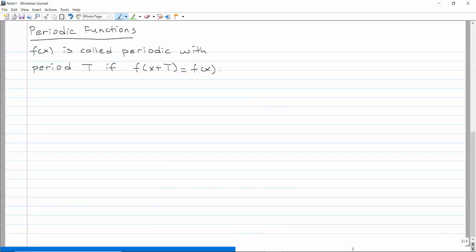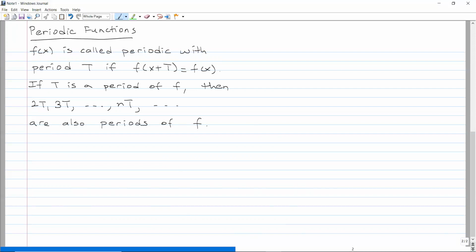This is the usual definition of period. The thing to be careful about is that if T is a period of f, then all multiples of T are also periods: 2T, 3T, all multiples nT are also periods of f.